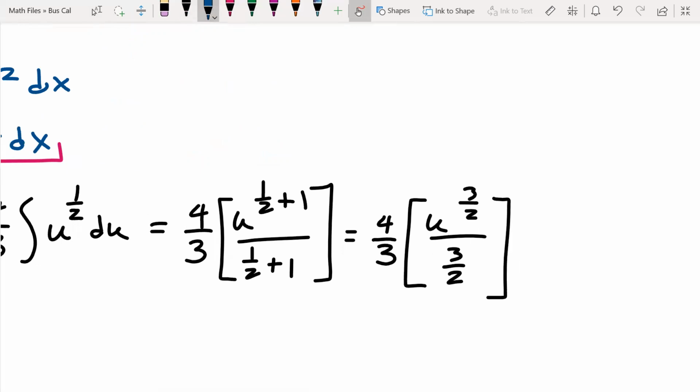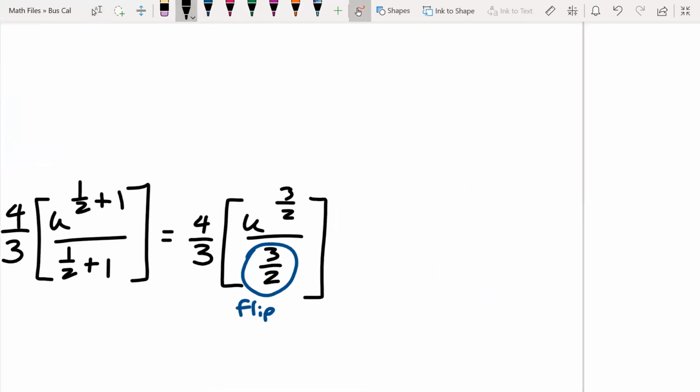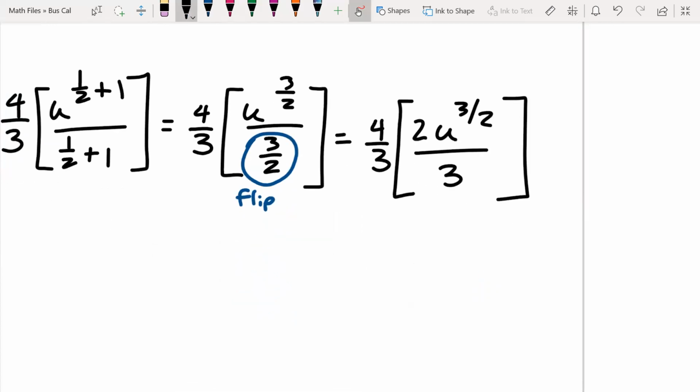And then remember to flip this fraction. We'll get 4/3 times 2u to the 3/2 over 3. Almost done. I'll multiply straight across and get 8 over 9 u to the 3/2, and then of course plus c.